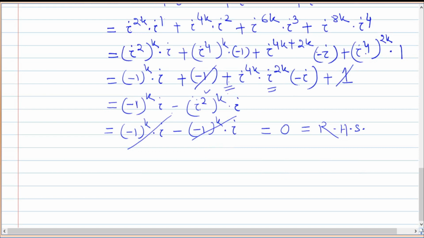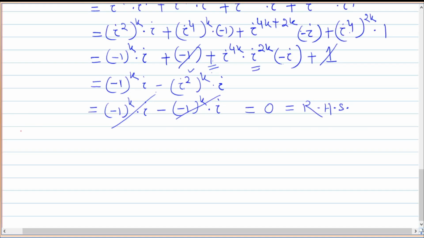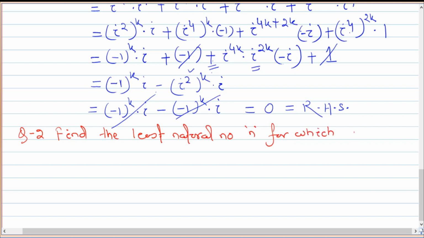So next number, now we'll take question number 2, that is, find the least natural number n for which the value of 1 plus i whole divided by 1 minus i whole to the power n is equal to 1.